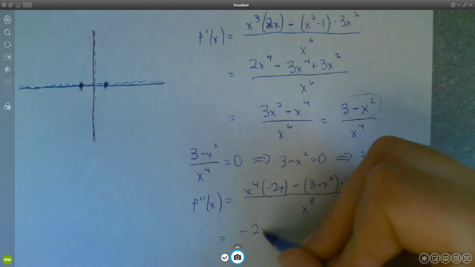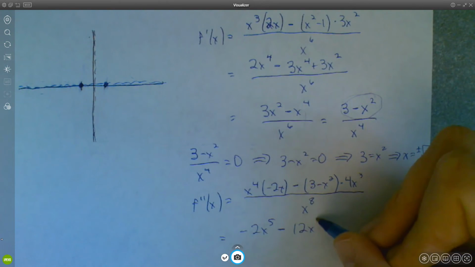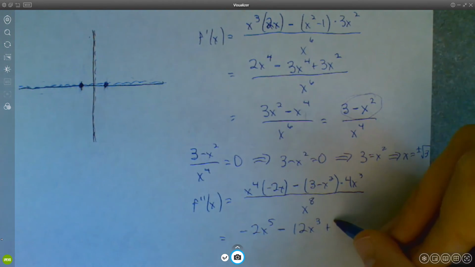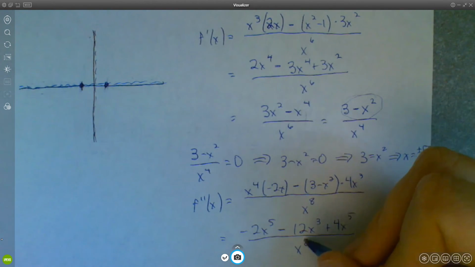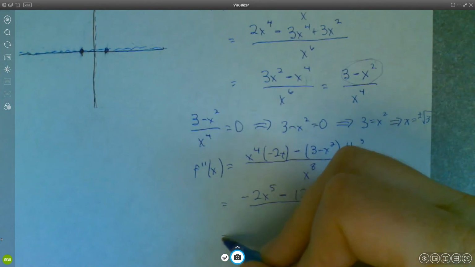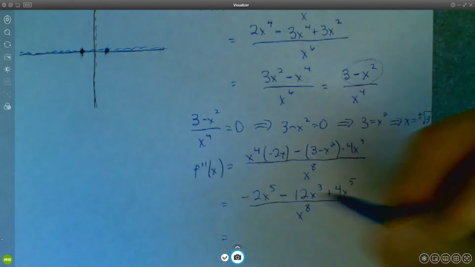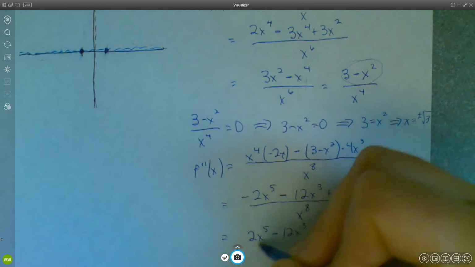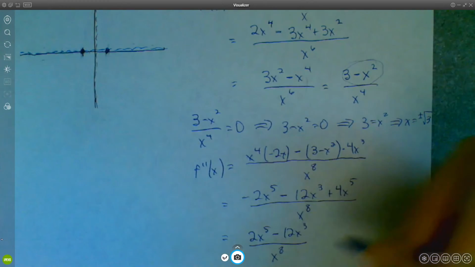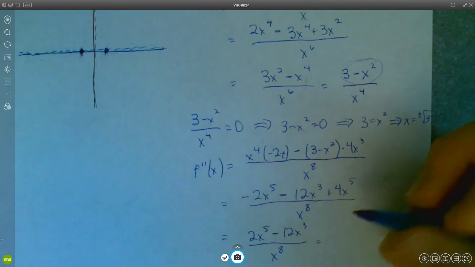Let's see, negative 2x to the fifth, and then we're going to have negative 12x cubed, and then plus 4x to the fifth. So again, I think this one will clean up pretty nicely. So we're going to have a positive 2x to the fifth minus a 12x cubed. We can take out an x cubed, actually, we can take out a 2x cubed.